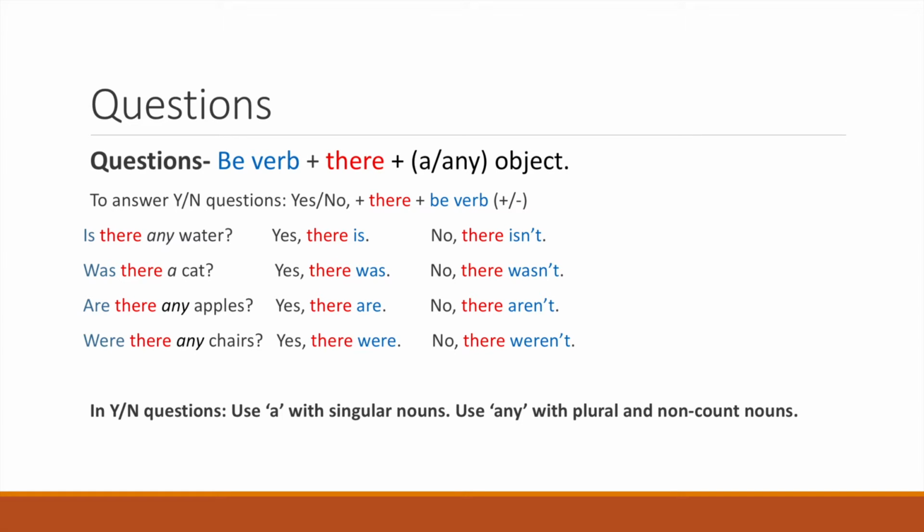We're asking about apples, so we use are. Were there any chairs? Yes, there were. No, there weren't. Here we're asking about the past, so we use the plural form because we have a plural noun, chairs. In yes or no questions, use a with singular nouns and use any with plural and non-count nouns. This is really important to remember.